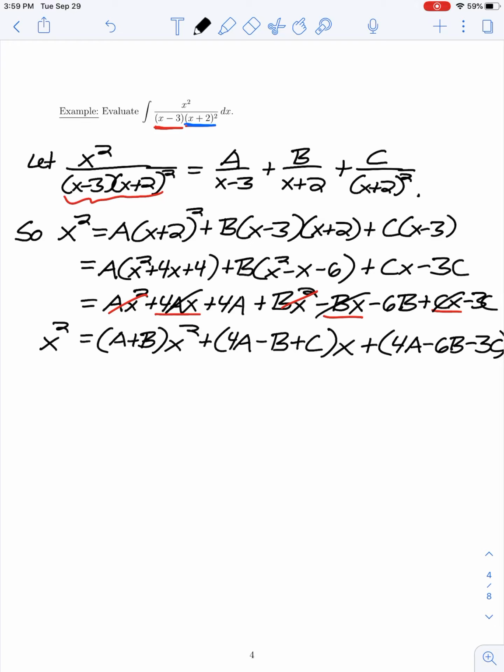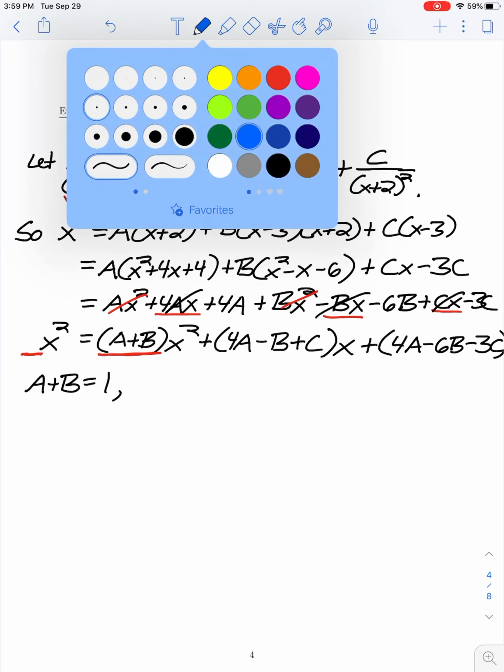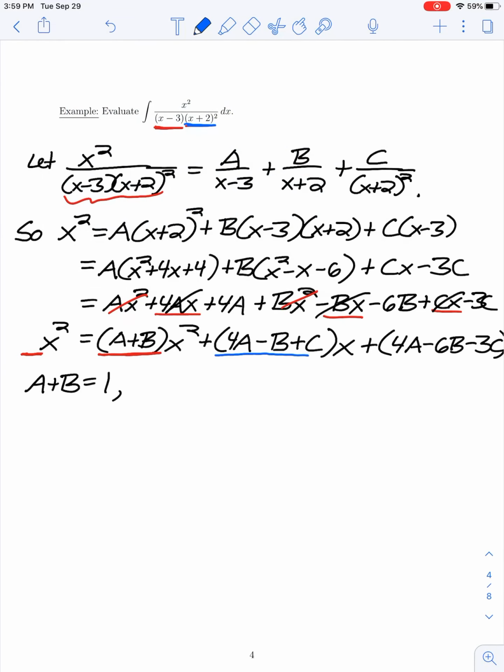So we arrive at the following. Equating these coefficients, our 1x squared on the left-hand side must equal (a plus b) x squared. So a plus b has to be 1. Now equating the x coefficients on the left and right-hand sides, on the right-hand side we had 4a minus b plus c, but we did not have any x coefficient on the left-hand side.